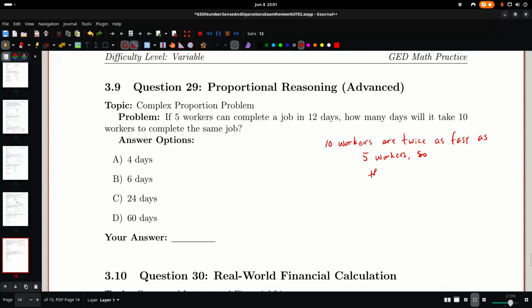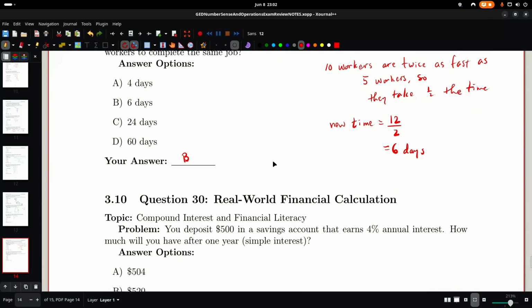So they take half the time. So the new time is equal to the old time divided by 2. So 12 days divided by 2, which equals 6 days. And so B is the right answer there. Sorry about that one. That shouldn't have taken so long.